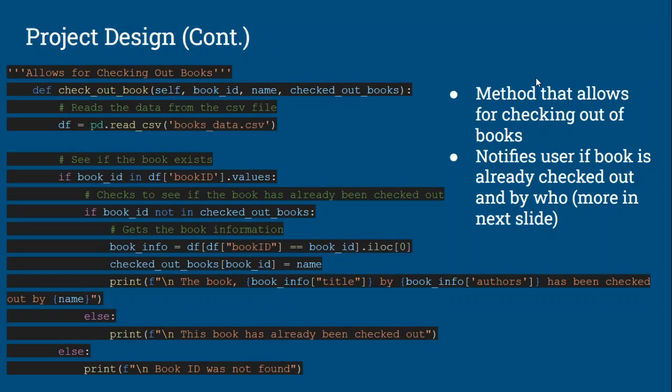Continuing on, our checkout book method allows us to, of course, check out books, and it'll also notify if the book has already been checked out and by who. I'll give you a moment to read over our project design for that.